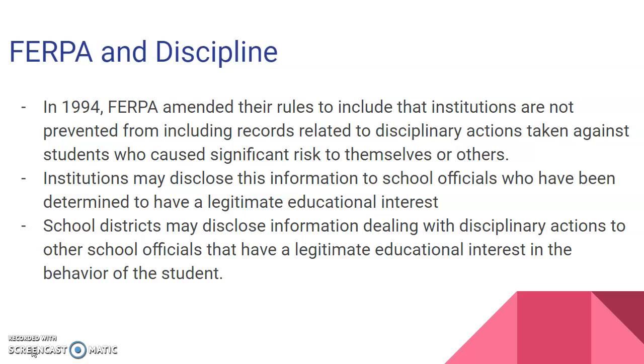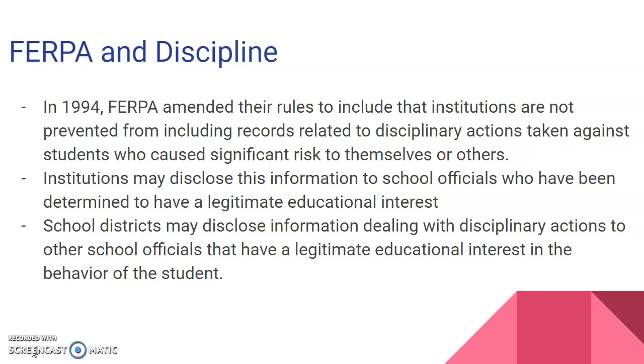Okay, FERPA and discipline. In 1994, FERPA amended their rules to emphasize that institutions are not prevented from including records related to disciplinary actions taken against students who cause significant risk or significant harm to themselves or others.